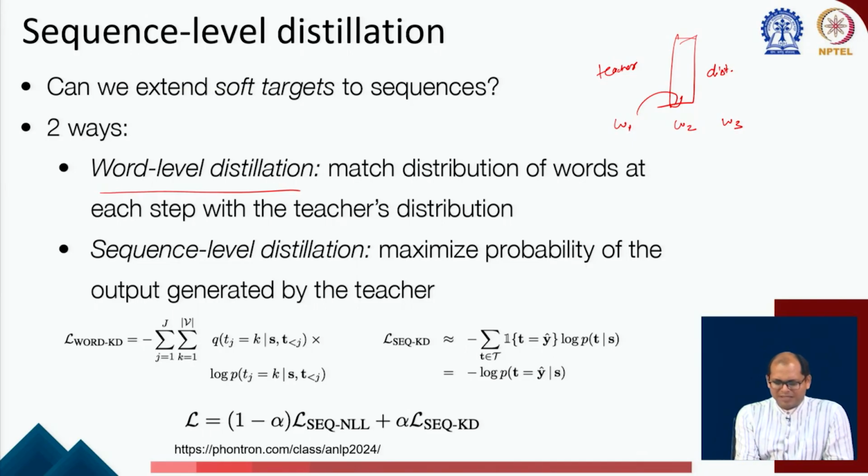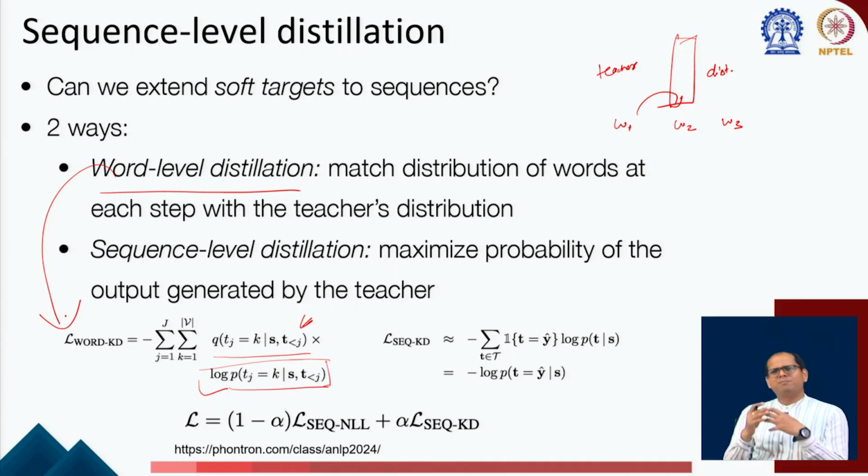So the idea will be simply this divergence kind of loss. You have the probability of the student model and the probability given by the teacher model, and you try to minimize the divergence between them: minus the probability given by the teacher model times the log probability of the student model, right? So that is one loss, the word level distillation loss. You're trying to match the distribution. If they are not matching, you give an error, and that is used to backpropagate, right?